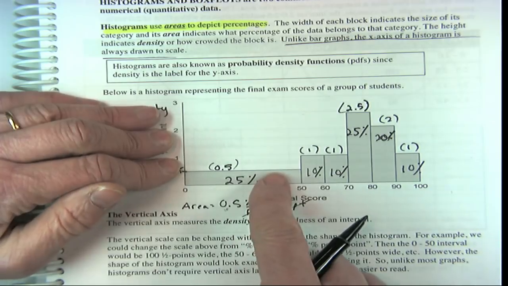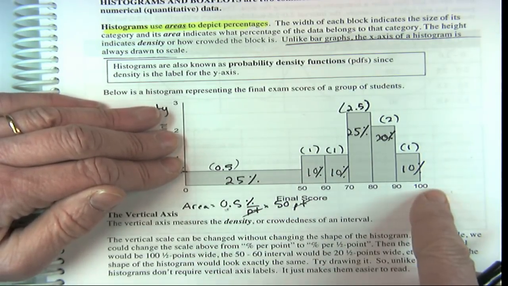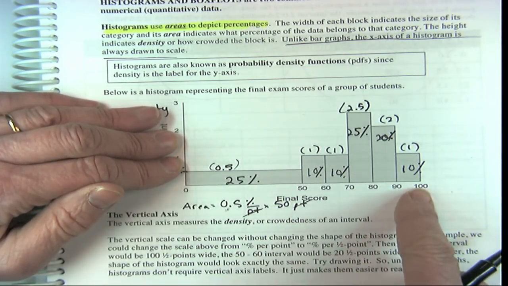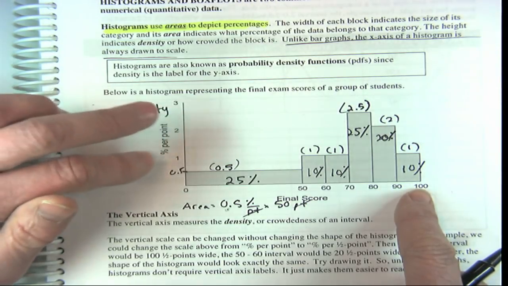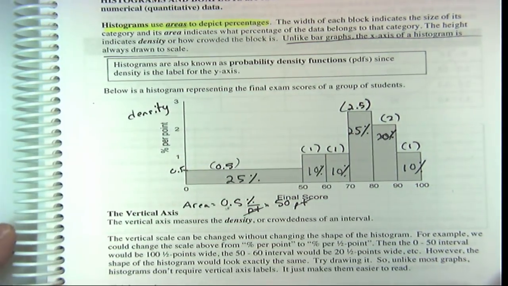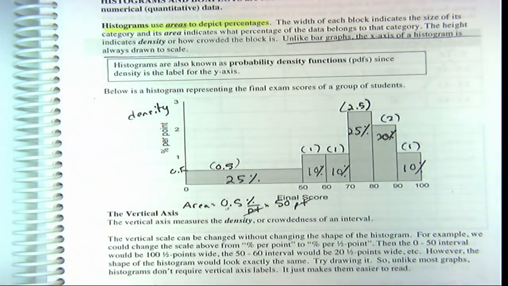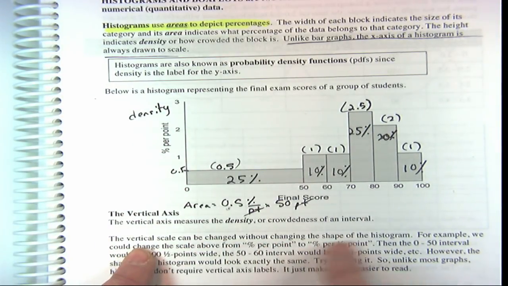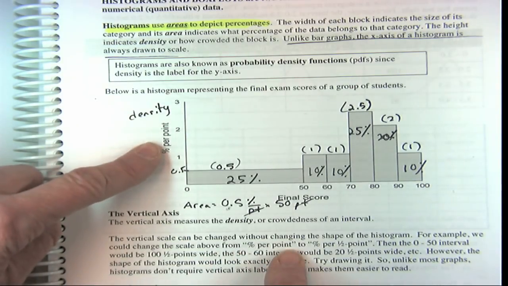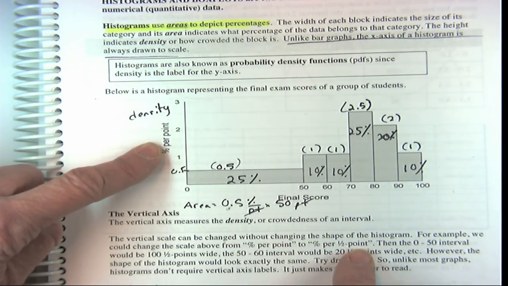Now the vertical axis, often you won't see this at all because it's redundant once you know these percentages and the axis here. Actually, the vertical scale can be changed without changing the shape of the histogram. For example, we could change this scale from percent per point to percent per half point, all right?